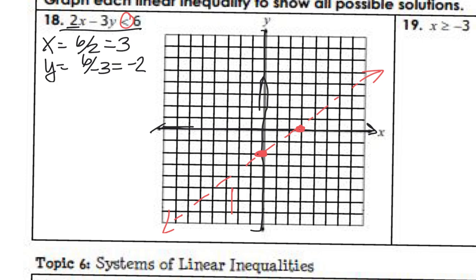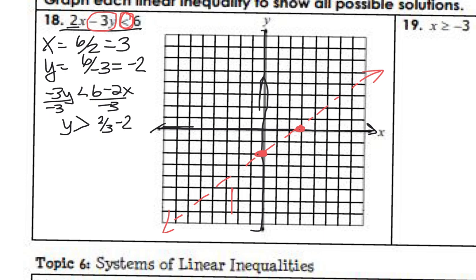What you have to be careful with is inequalities. So if you know your variable is going to be divided by a negative, if I was going to put this in slope-intercept form, negative 3y is less than 6 minus 2x, and then you divide it by negative 3. If I'm dividing that variable by a negative, I've got to reverse that sign, don't I? So this would be 2/3 x minus 2.